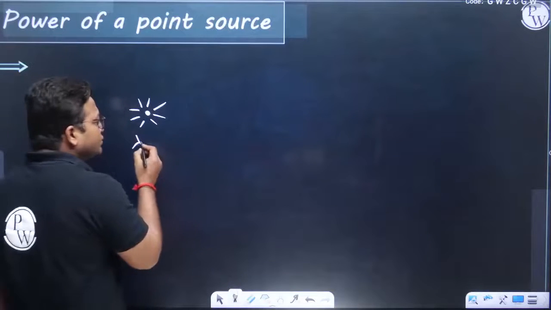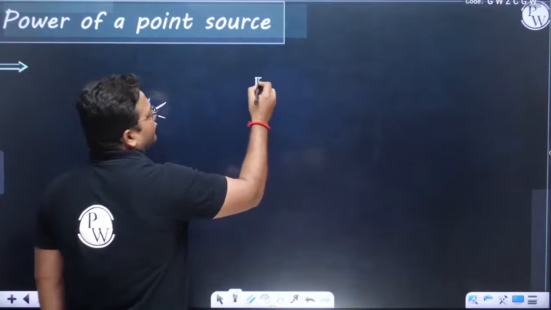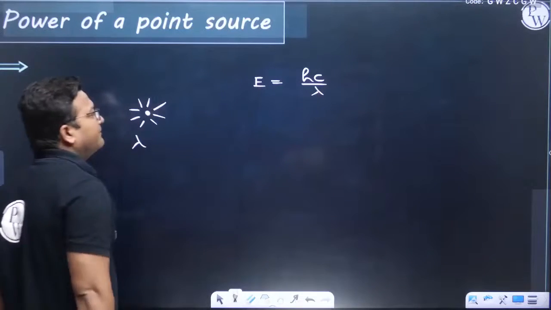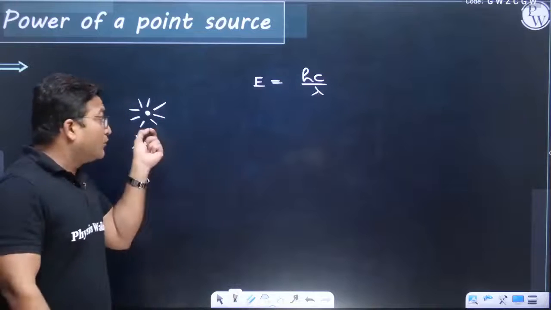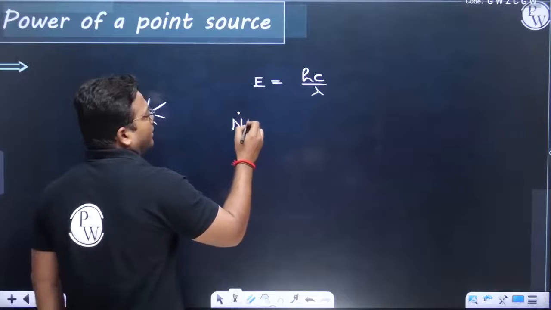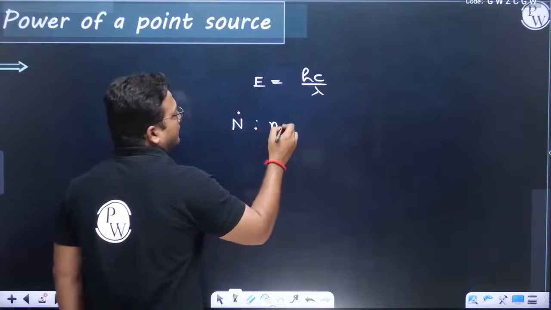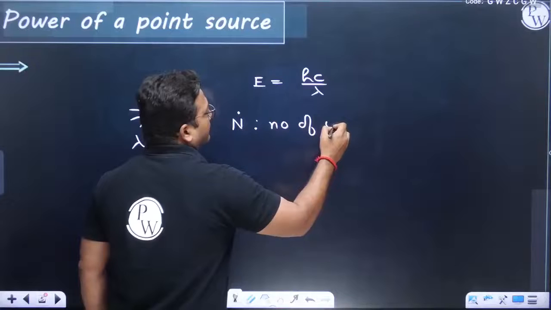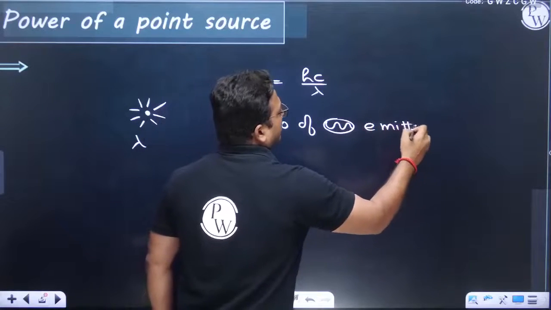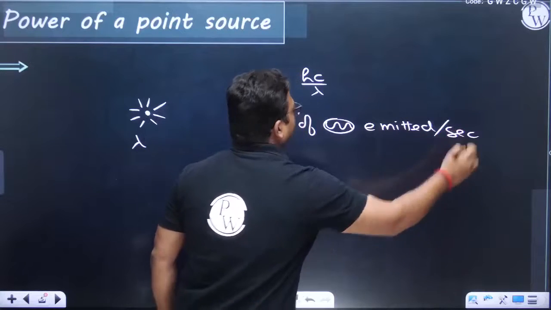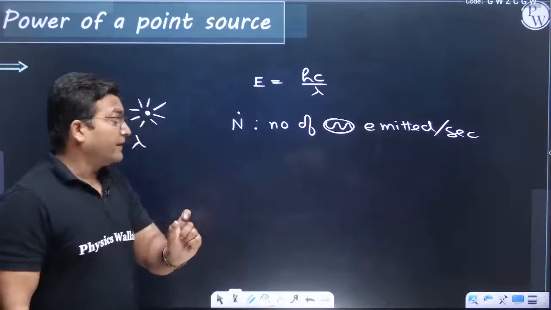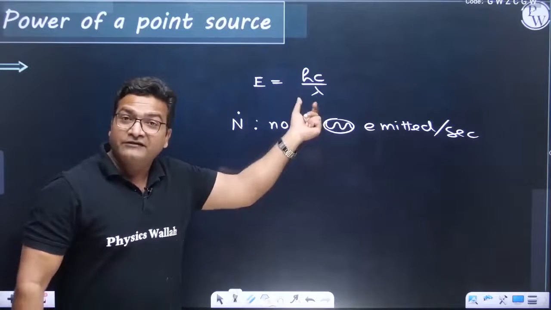So the energy of each photon is definitely going to be hc by lambda, and if this source emits n dot photons, where n dot is the number of photons emitted per second, each photon carries this much energy, hc by lambda.